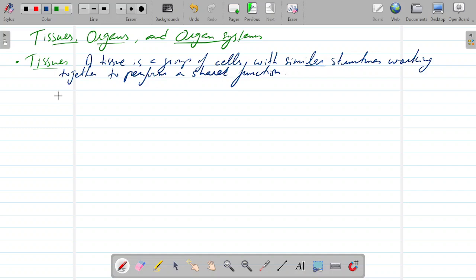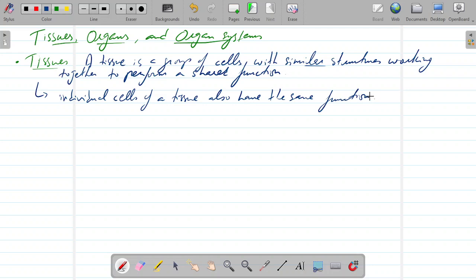Now, about similar structures, the individual cells. So it's a group of cells, right? So the individual cells of tissues also have the same function. So what does that mean?